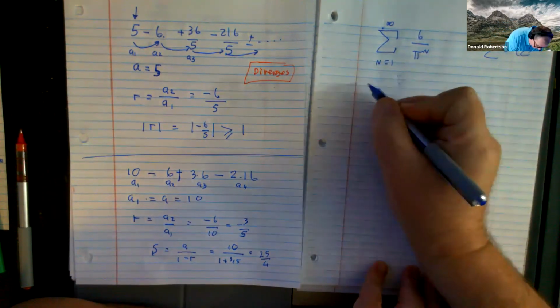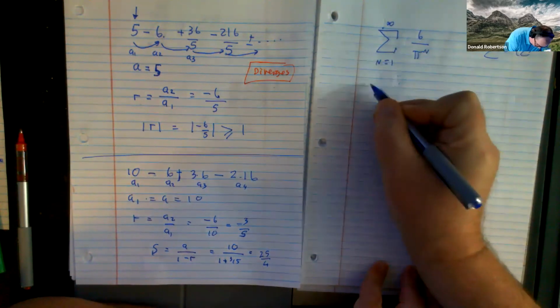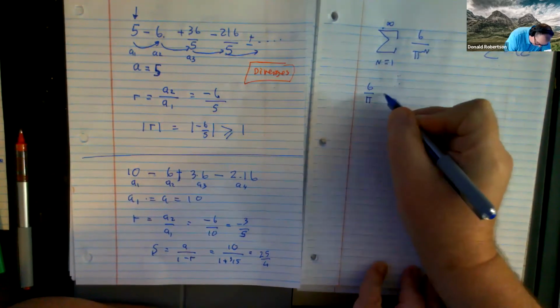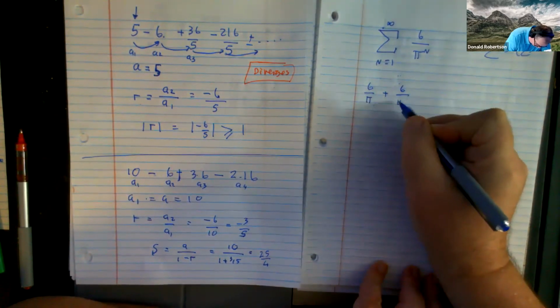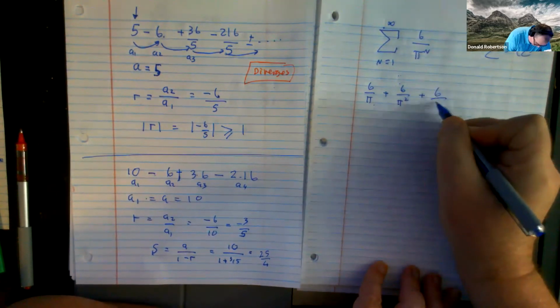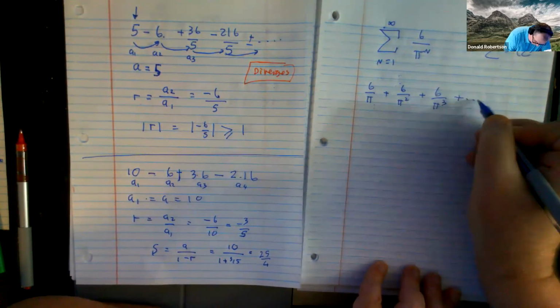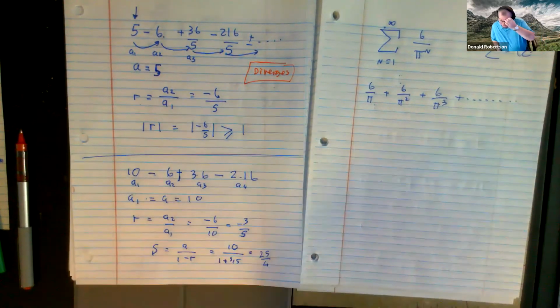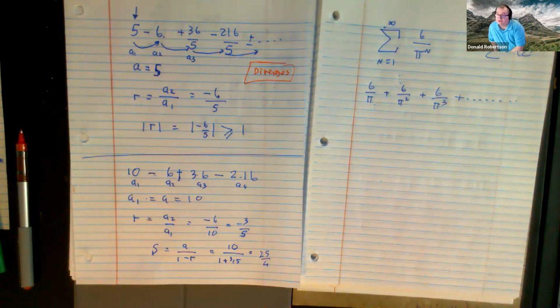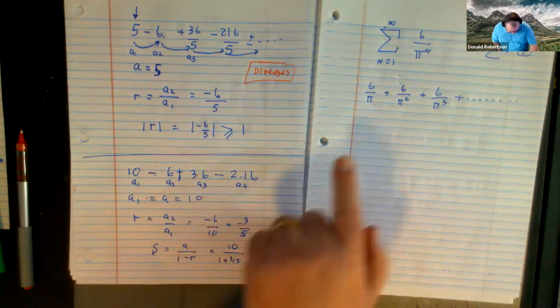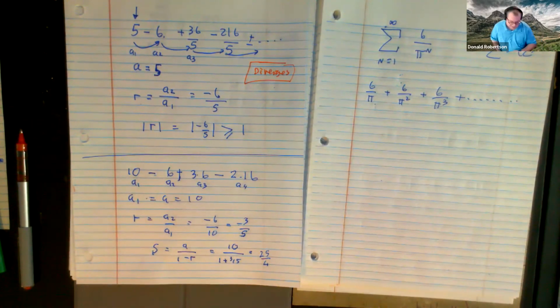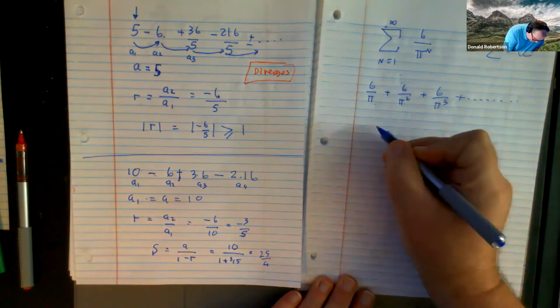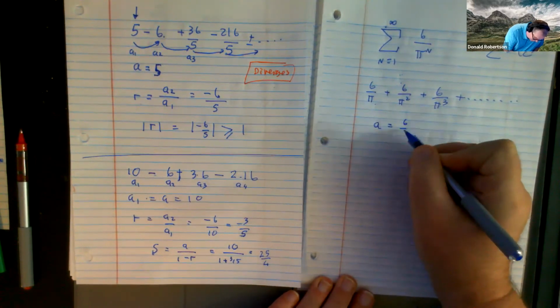Well, I'm going to put in n equals 1. And then I'm going to put n equals 2. And then I'm going to put n equals 3. I'm basically just going to write it down like it was a sequence from the earlier questions. Remember the ones that we did where the numbers were written down for you? Do the same. Now, when I do it this way, is it pretty obvious that A is 6 over pi?